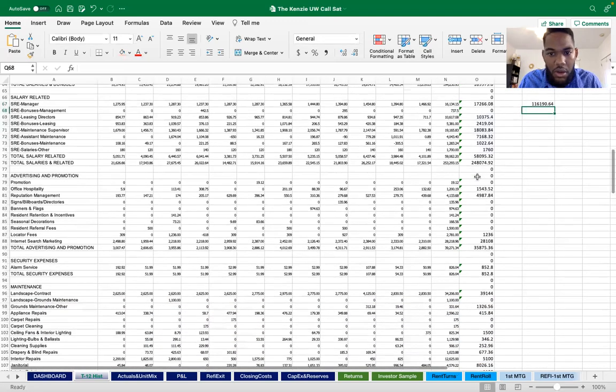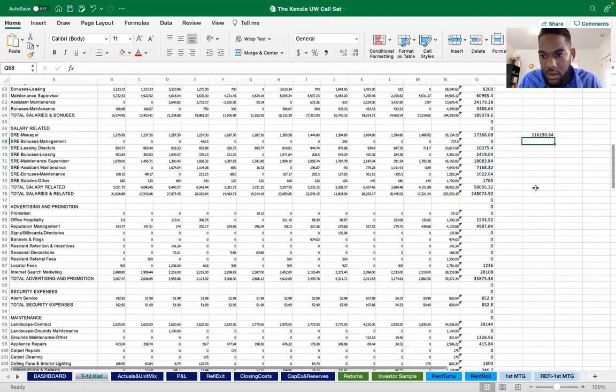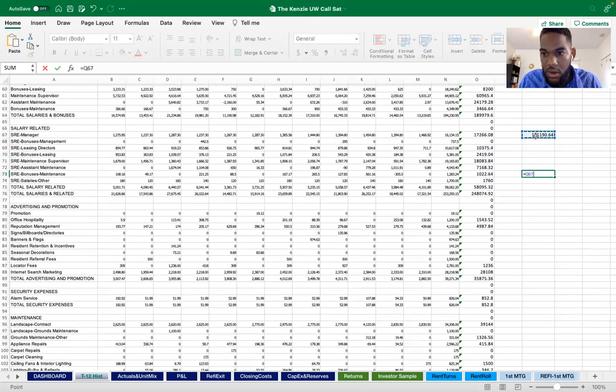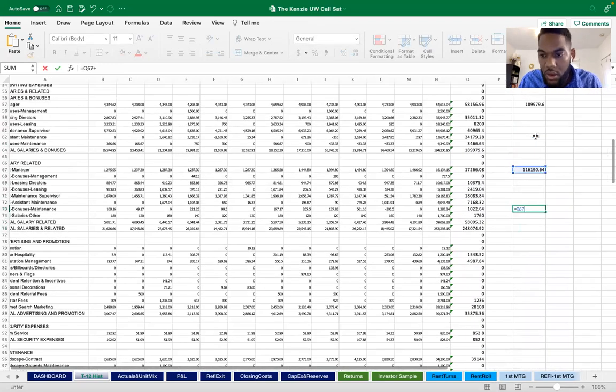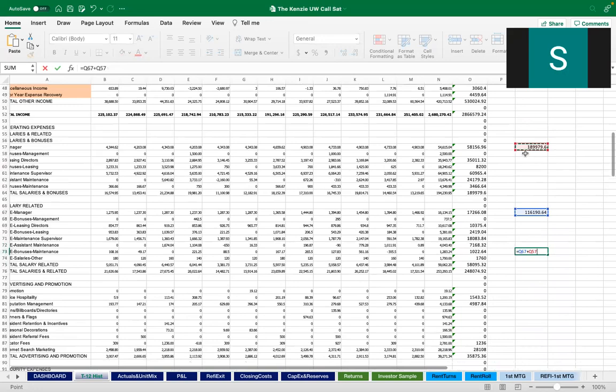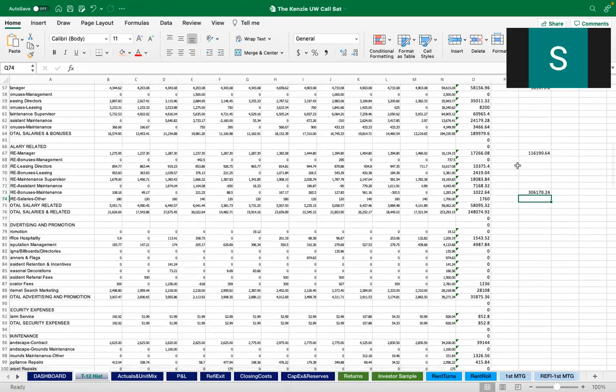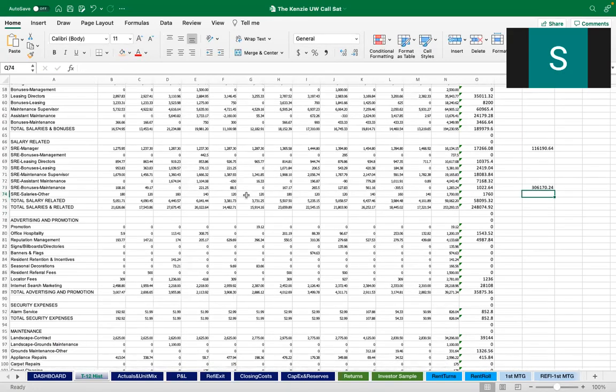So what's the difference between total salary related and total salary and related? 75 and 76.